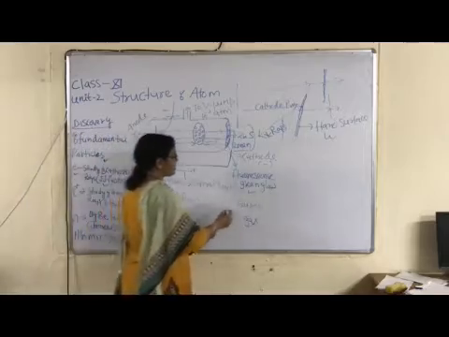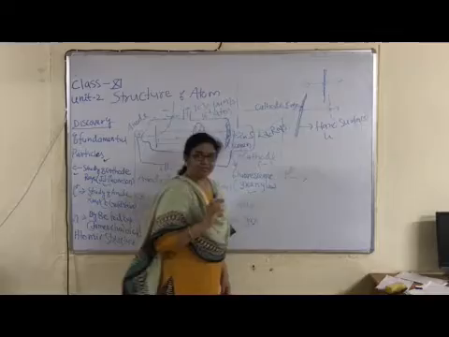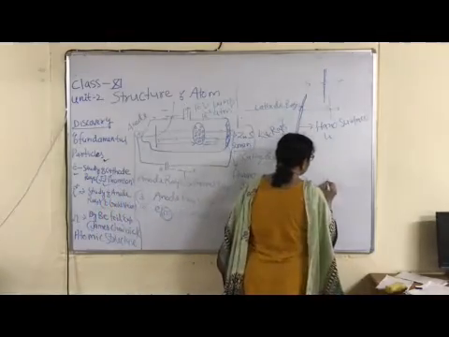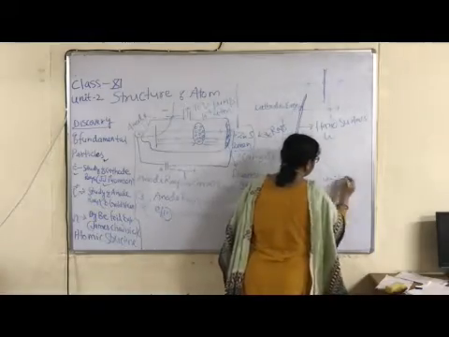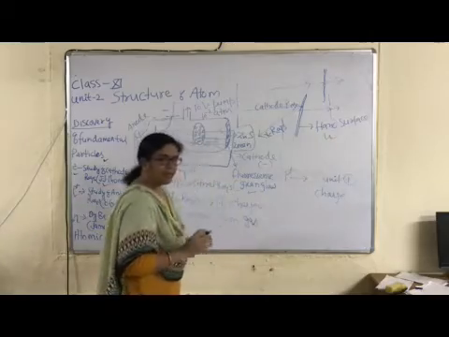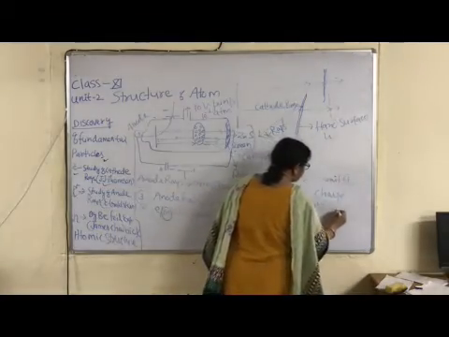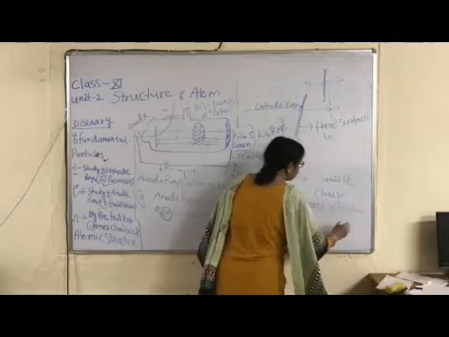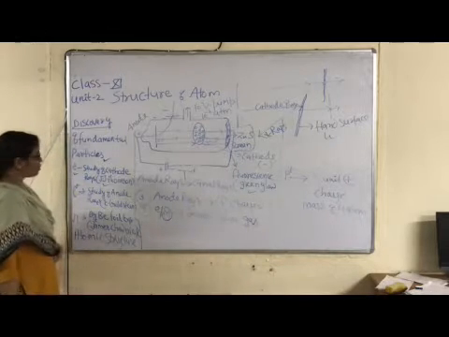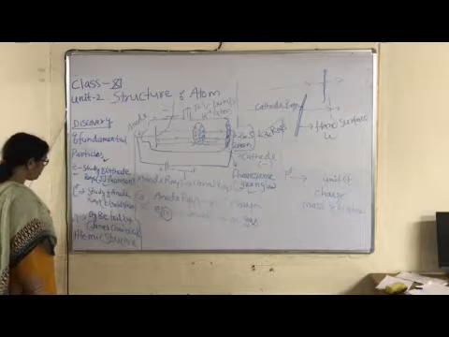So on the basis of this experiment, the proton is defined as a fundamental particle of an atom which carries unit positive charge, and the mass of a proton is equal to the mass of a hydrogen atom. Okay children, an atom is electrically neutral. The total number of electrons should equal the total number of protons, right?